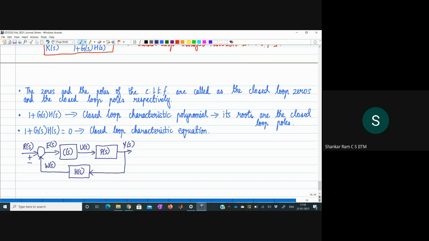Okay, so what I'm going to do is redraw it like this. Typically you will see that many feedback loops are drawn like this.